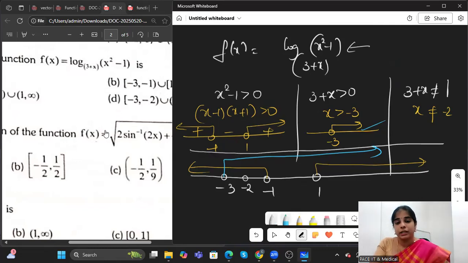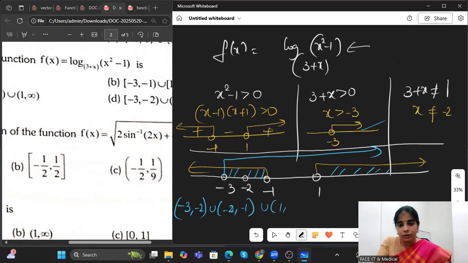That is how it is, right? So wherever my equation is, all this region will be my answer. So that is minus 3 to minus 2 open bracket, union minus 2 to minus 1 open bracket, union 1 to infinity there.